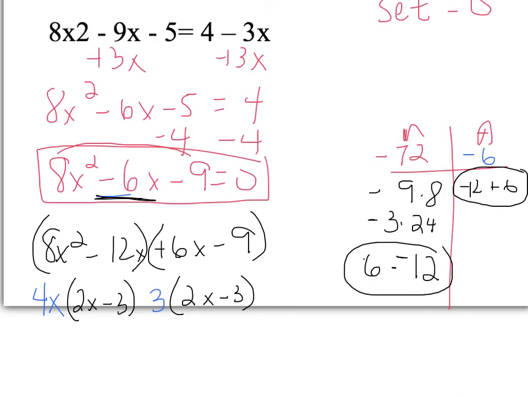This is what you want to have the same. So the outside terms become their own factor, 4x plus 3, and the second one, 2x minus 3, is repeated, and it is equal to 0. So in this case, when we have an equation, there is going to be one more step.